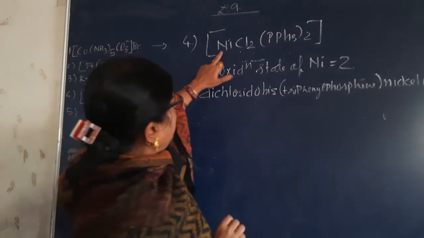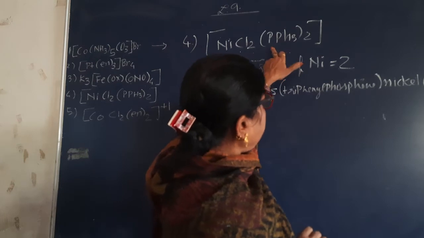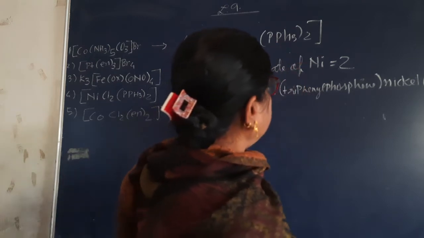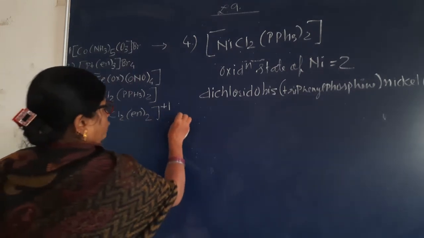See here, dichlorido bis(triphenylphosphine) nickel, and oxidation state is 2. Copy it down, and then do the fifth one.